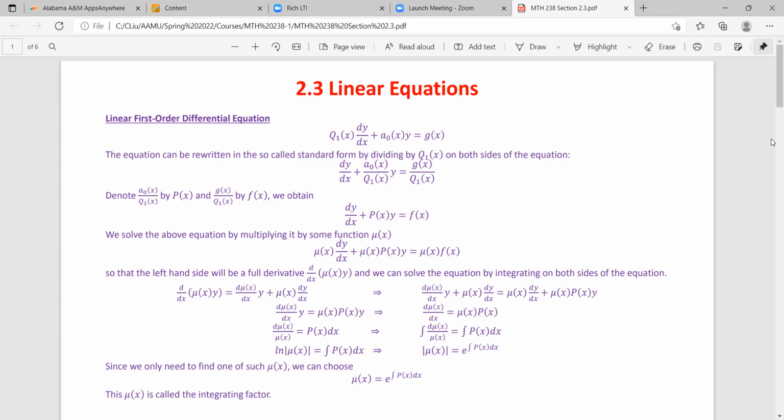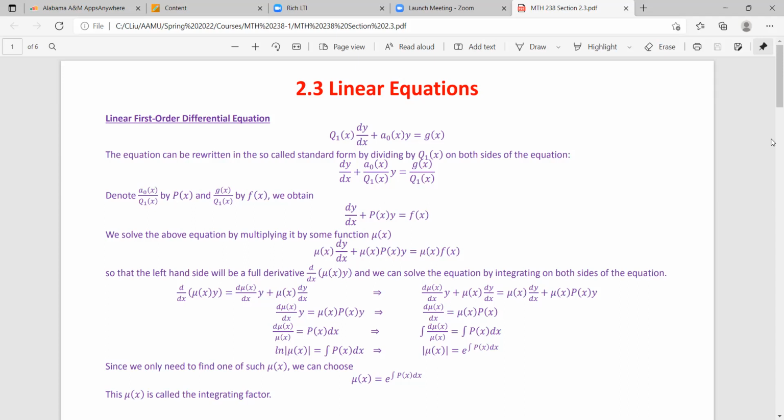Then once we have the integrating factor, we can solve this differential equation easily. Remember, now the left-hand side can be written as the derivative of mu times y. On the right-hand side, we have mu times f.